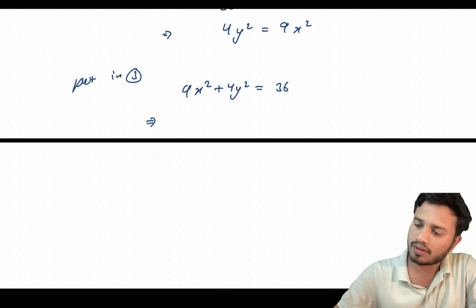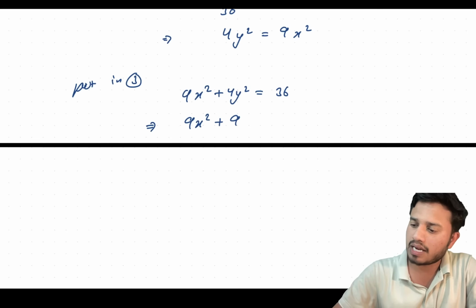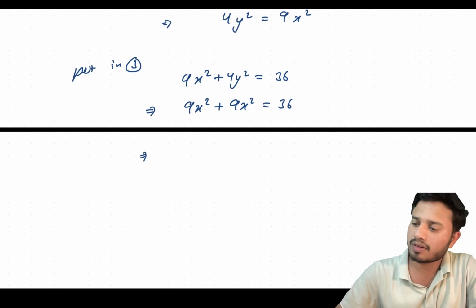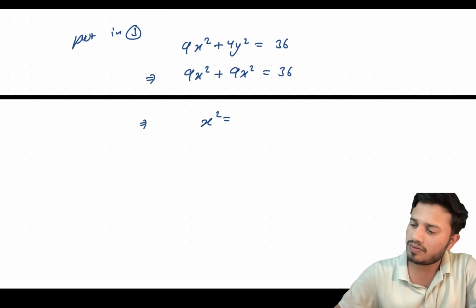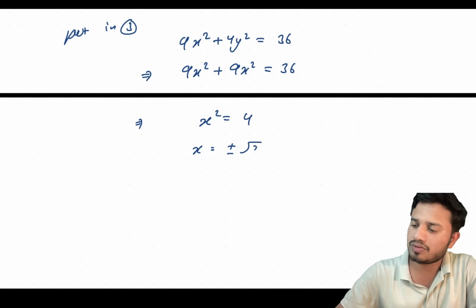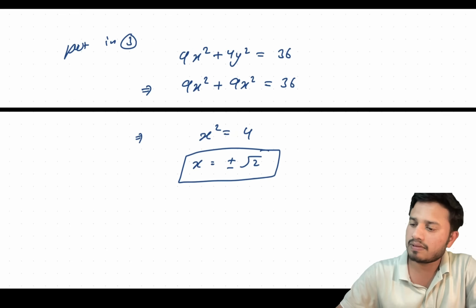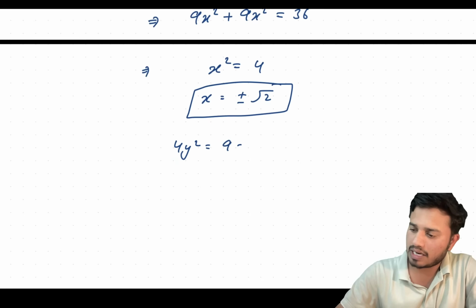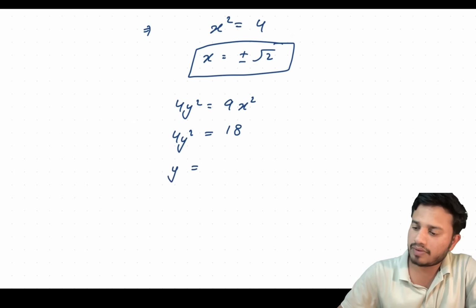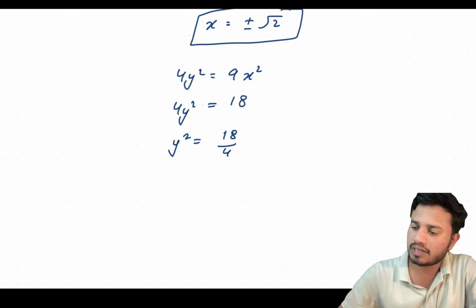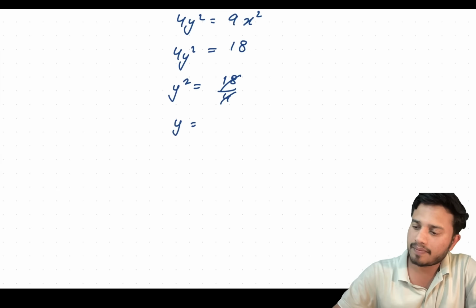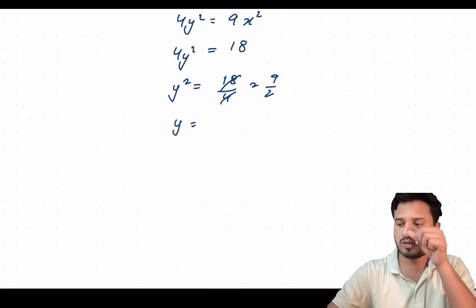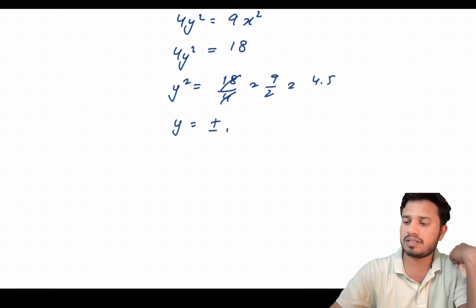That would mean that 4y square equals, y equals, 18, plus minus.